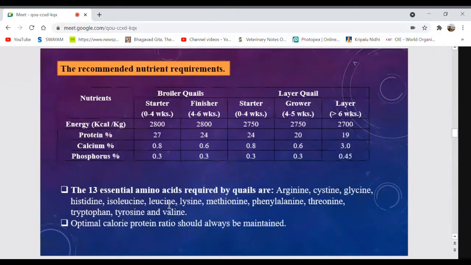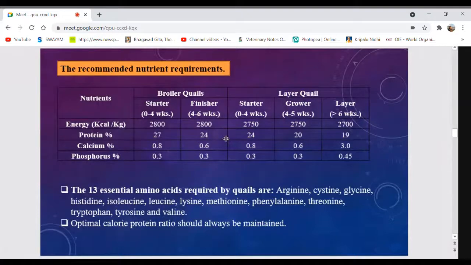Optimum calorie protein ratio should always be maintained. Here also optimum calorie protein ratio should be maintained. And in case of quails, it is very important because their feed intake is very less. If energy is more, feed intake will be less. If energy is less, feed intake will be more. Because birds as well as animals eat for energy. When the energy requirement is fulfilled, they will stop eating feed.